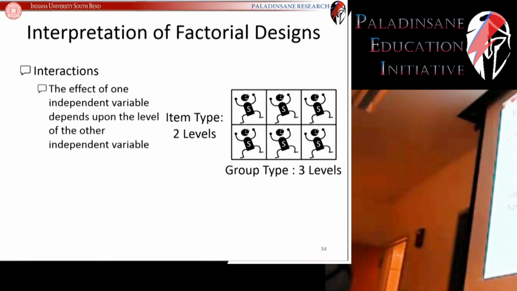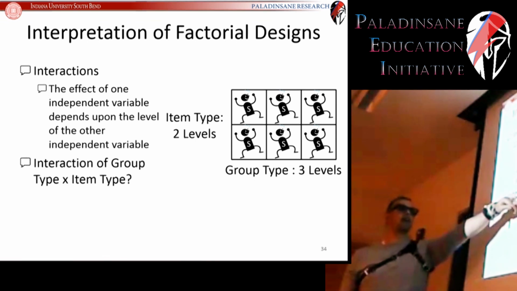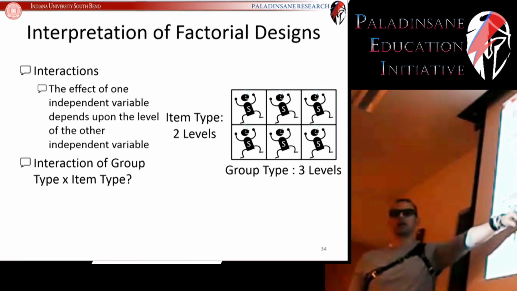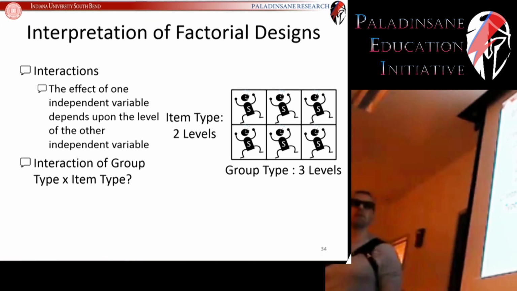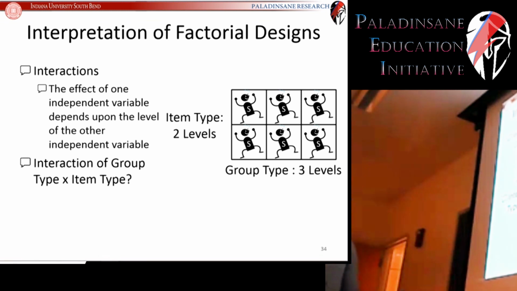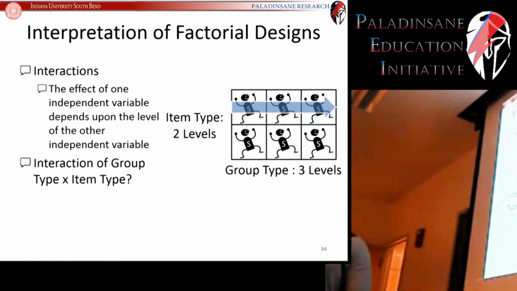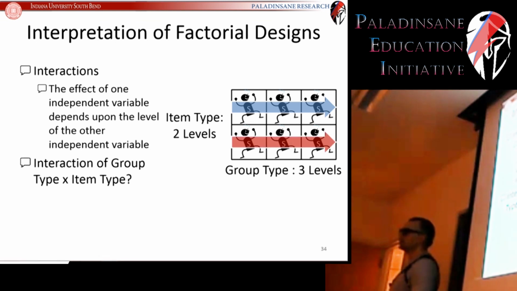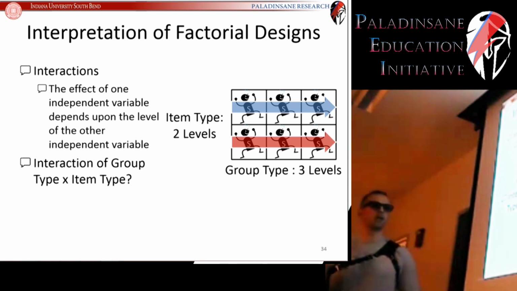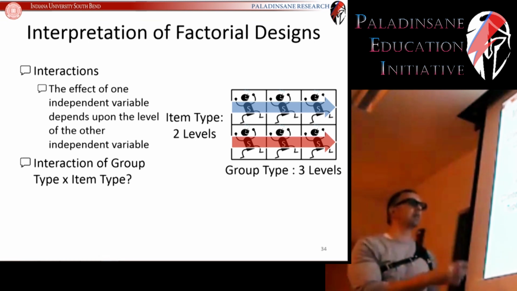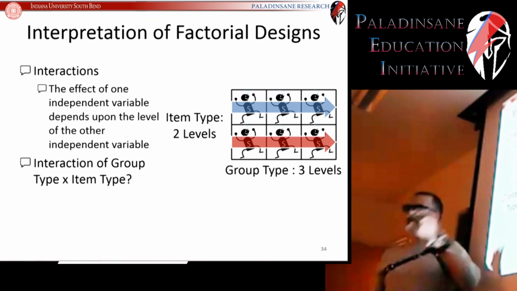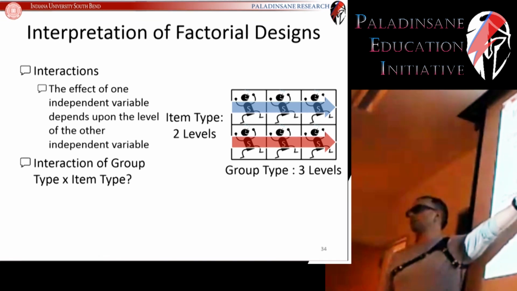So in our study here, we found an interaction of group type and item type. What that means is that the effect of group size for correct items was different than the effect of group size for incorrect items. Another way to think about this is that if somebody came up to you and said, hey, I heard you did this experiment, what's the effect of group type?